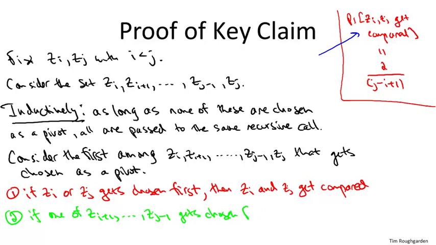So two elements, neither of which is the pivot, do not get compared in a partition subroutine. So they don't get compared right now. Moreover, since zi is the smallest of these and zj is the biggest of these, and the pivot comes from somewhere between them, this choice of pivot will split zi and zj into different recursive calls. Zi gets passed to the first recursive call, zj gets passed to the second recursive call, and they will never meet again. So there are no comparisons in the future either.